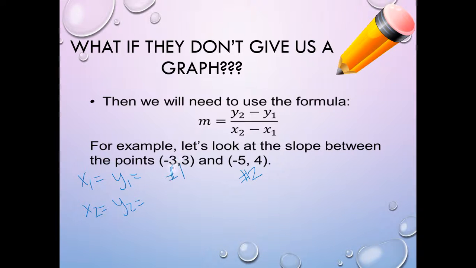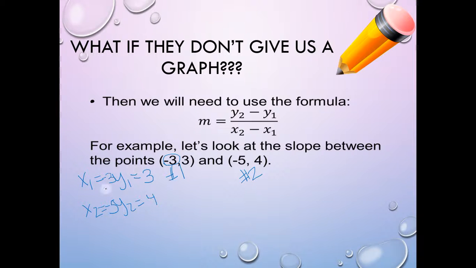Now, x1 is the x value of the first point, which I know is negative 3. My y1 is the y value of my first point, which is 3. x2 is the x of my second point, which is negative 5. And y2 is the y value of my second point, which is 4.